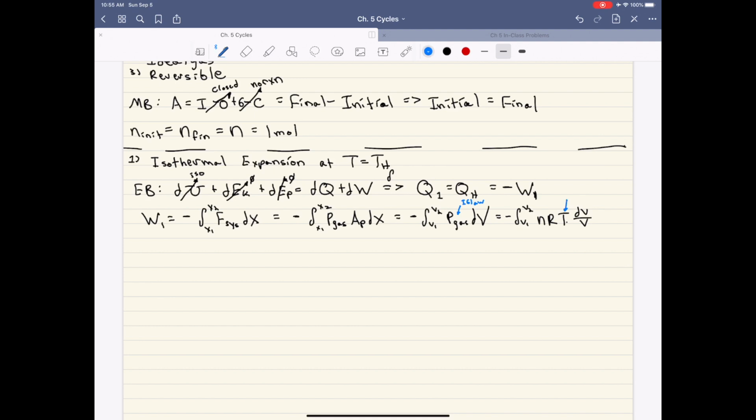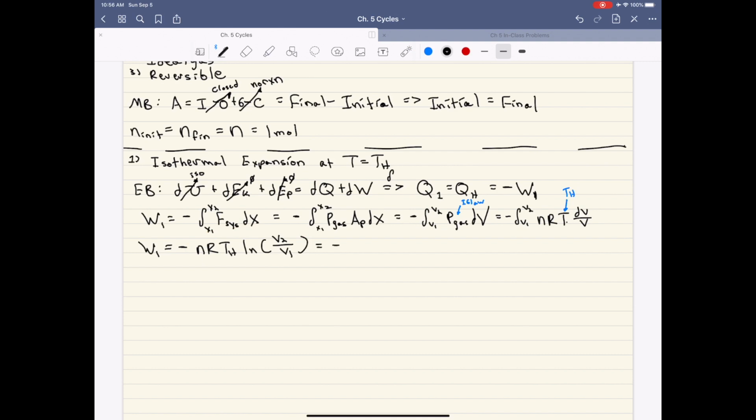We know for this expansion, it's isothermal. This temperature here is TH. And so we could actually go out and just integrate. And what we get is nRTH natural log of V2 over V1. So this is the same result we've seen multiple times in this class. In that case, we know all these values, and so all we have to do is plug in.